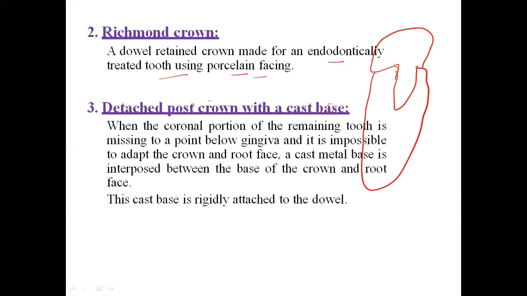Detached post crown with a cast base: when the coronal portion of the remaining tooth is missing to a point below the gingiva, it is impossible to adapt the crown and root face. A cast metal base is imposed between the base of the crown and the root face. This cast base is rigidly attached to the dowel.